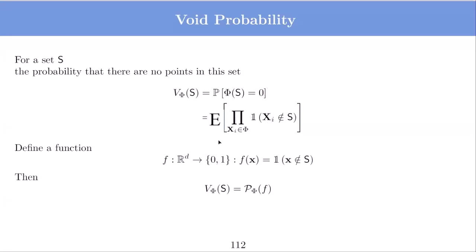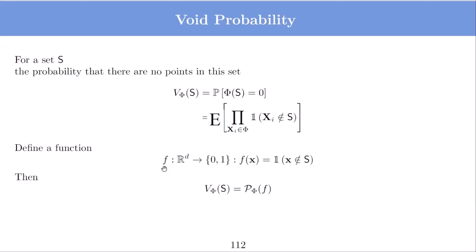This can also be written in the following way. You go to each point and ask, are you not in S? And if every point says yes, it means every point says that it is not in S, which means there is no point in S. So this is also equal to the expectation of the product of the indicator that x_i does not belong to S. So you can see that this is in the form of a PGFL.